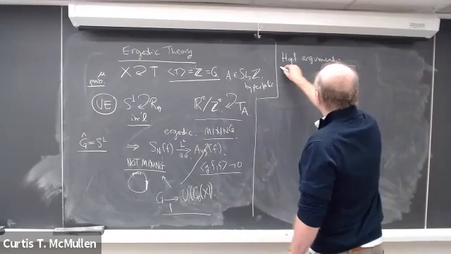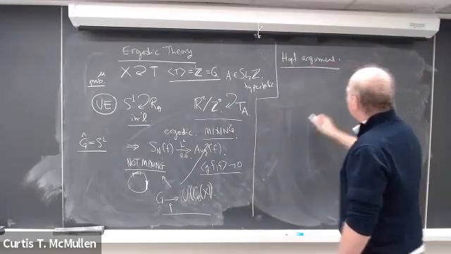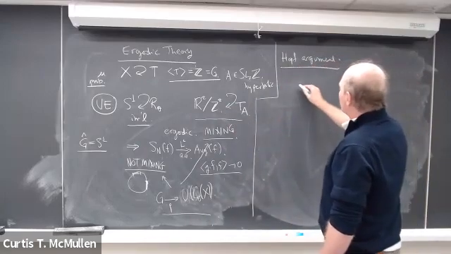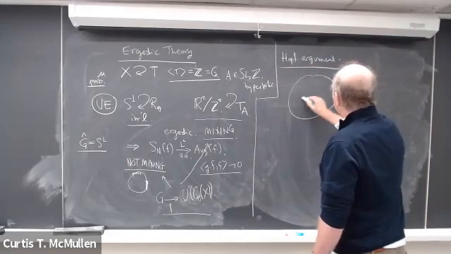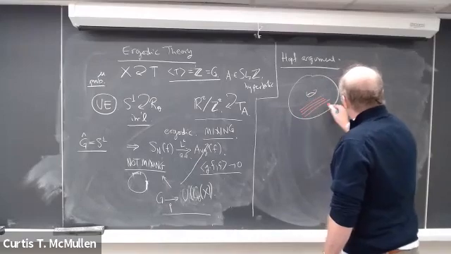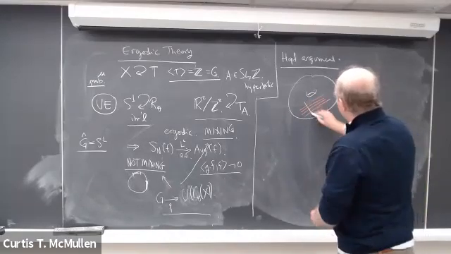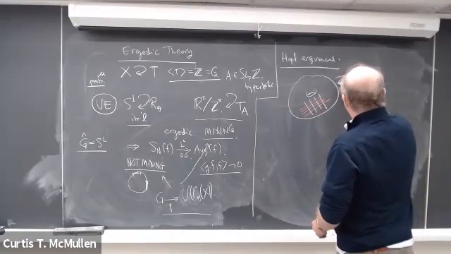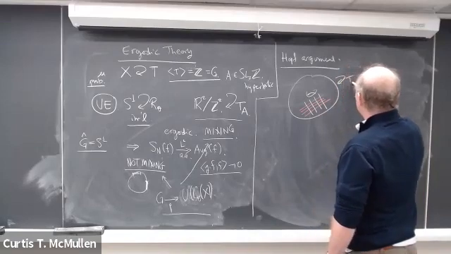So the Hopf argument for ergodicity of T_A was the following. We look on our torus, and we have a pair of foliations, one of which is expanded by T going forward and one of which is expanded by T going backwards.